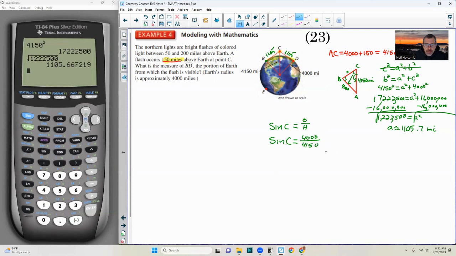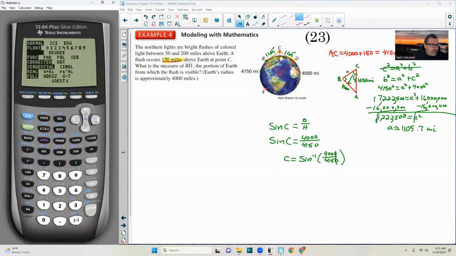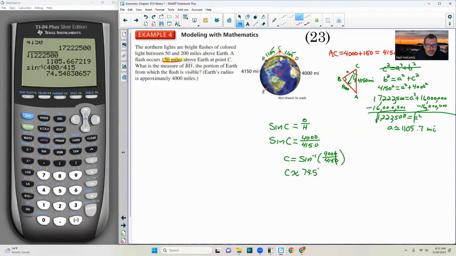And therefore C equals the sine inverse of 4,000 divided by 4,150. Now, if I just cross this out and say 400 over 415, and I go second sine 400 divided by 415, but make sure I'm in mode degree, not radian, degrees, and hit enter, then I get C is approximately 74.5 degrees.